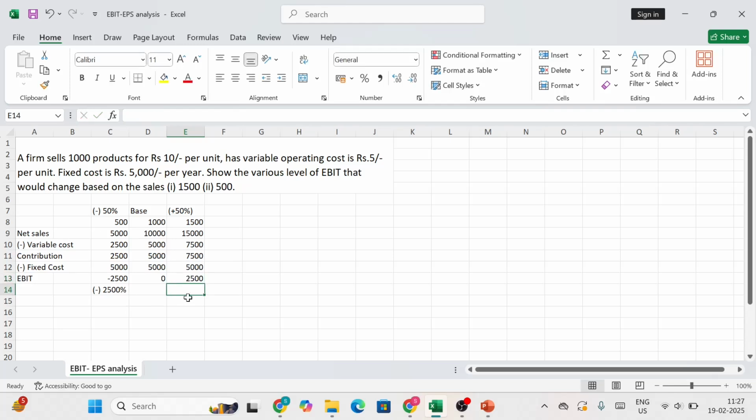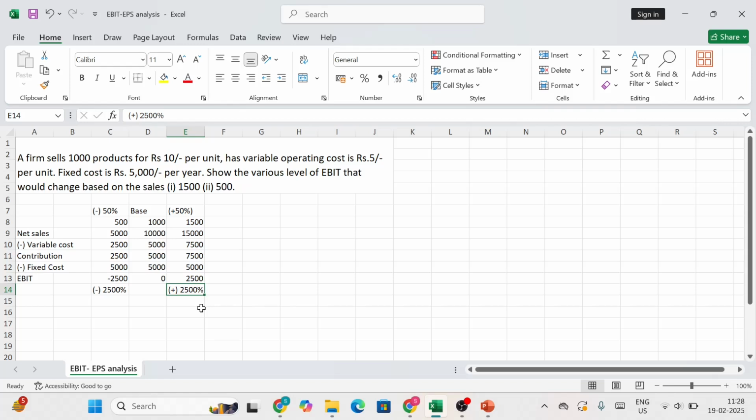Now you see the difference: this is also an increase of 2,500%. This means a 50% increase or decrease is going to impact your EBIT levels by 2,500%.